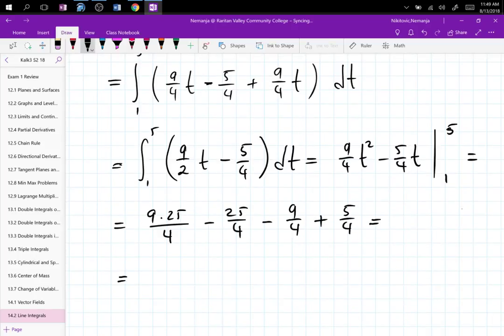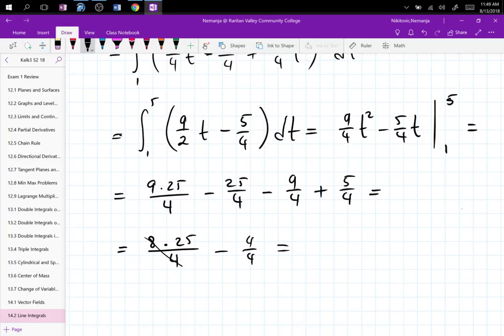This is 8 times 25 over 4, because 9 apples minus 1 apple is 8 apples. And then this cancels. Minus 4/4. And I have 50 minus 1 is 49. Yay.